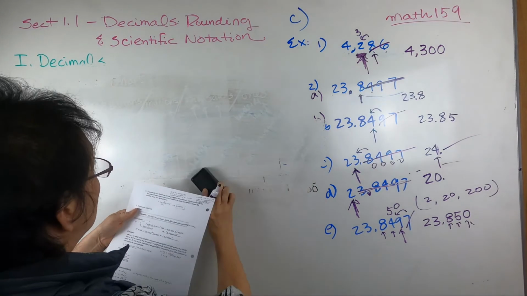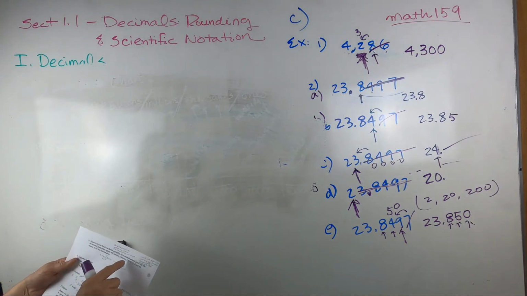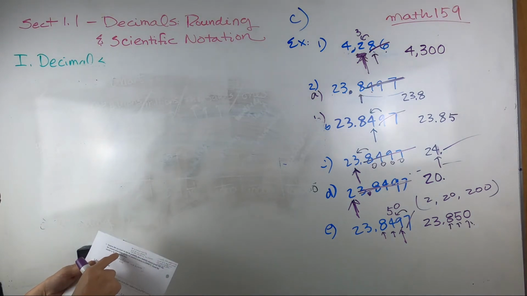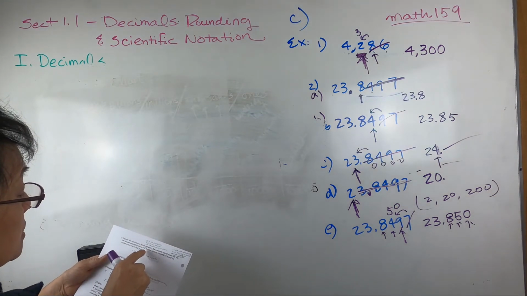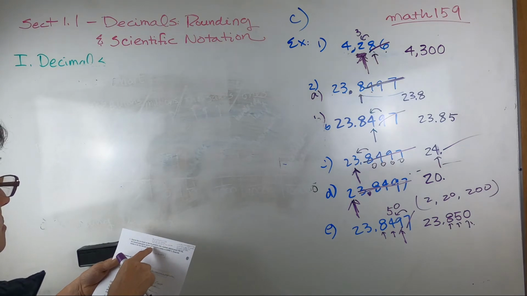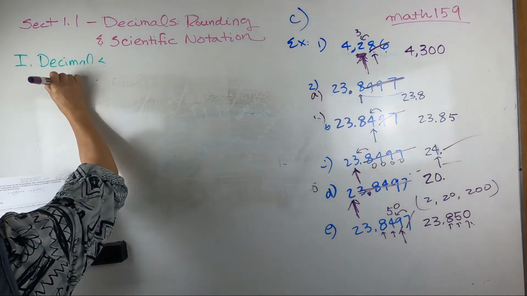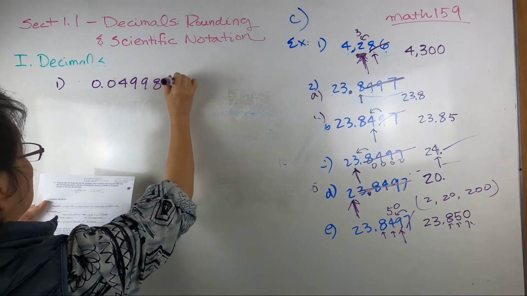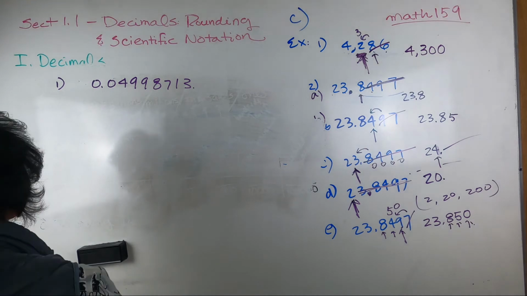Suppose that you found out that the probability that a randomly selected person who has misused prescription opiates will transition to heroin is 0.049987113. Round this number to 4 decimal places.